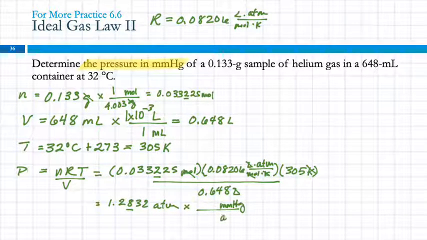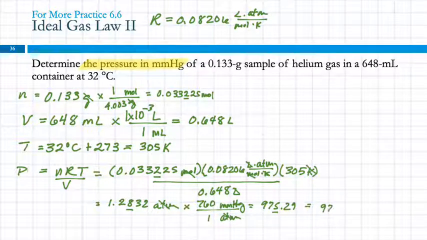So I need to convert that. 760 millimeters of mercury is 1 atmosphere. So 975.29. 975 millimeters of mercury.